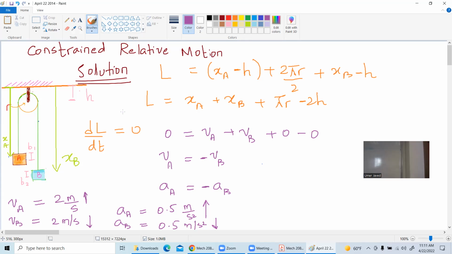No, I will tell you something. Instead of pushing B upward, you think like this: you pull A down. When we find the acceleration, we can find the force acting on B and A, right?